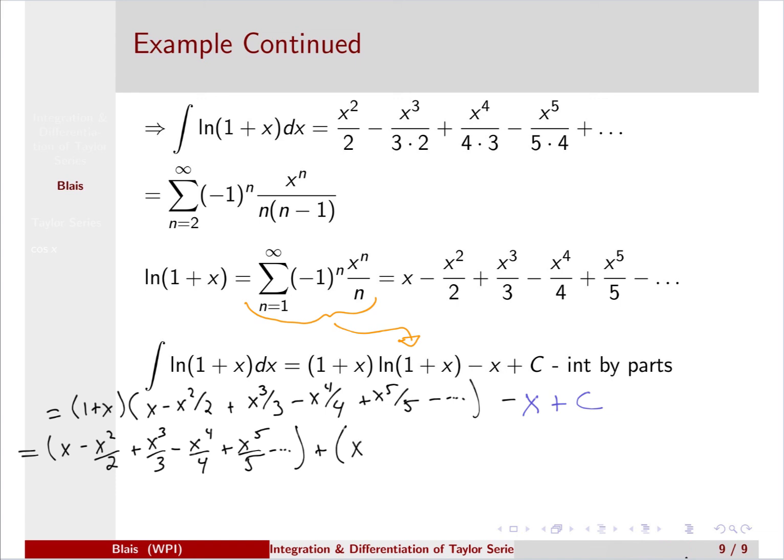So we will have x squared minus x cubed over 2 plus x to the 4th over 3 minus x to the 5th over 4 plus x to the 6th over 5, so on and so forth. And then we still have our minus x plus c at the end.